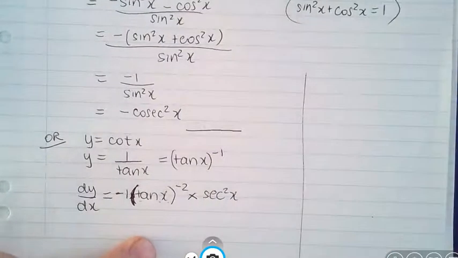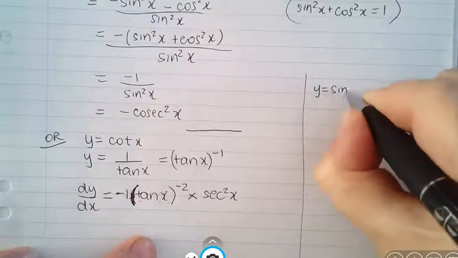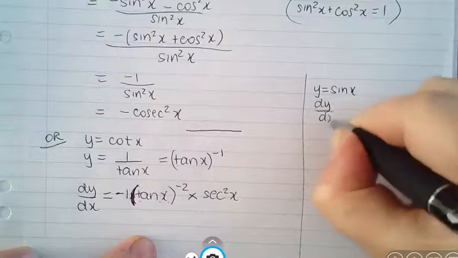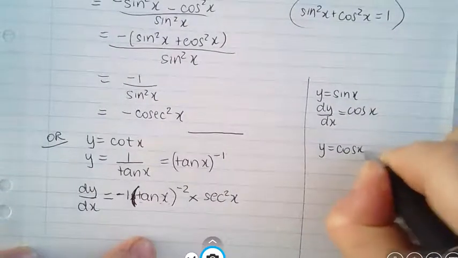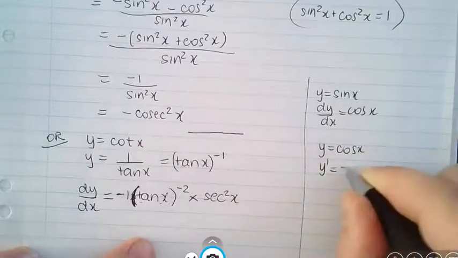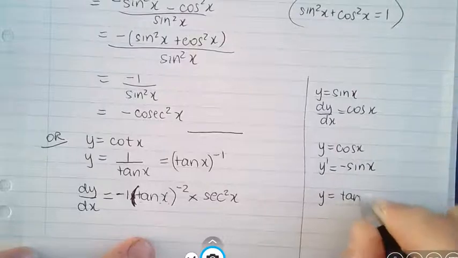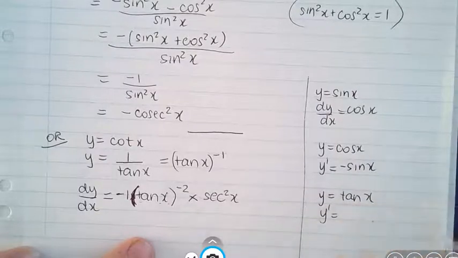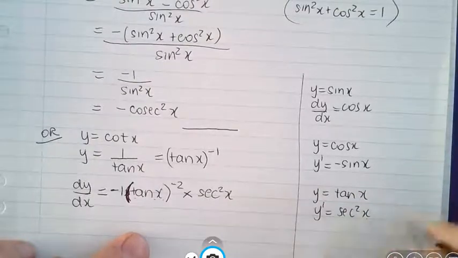Girls, remember there's 3 rules and they are all on your formula sheet: if y is sin x, dy dx is cos x. The other one is if y is cos x, dy dx, or y dash, is negative sin x. The other rule on your formula sheet is if y is tan x, a function of x, you get sec squared x.